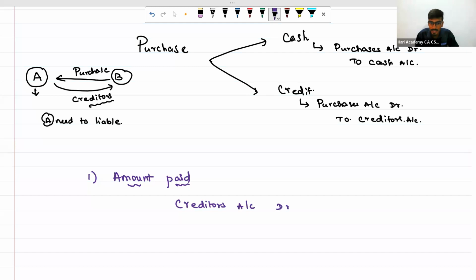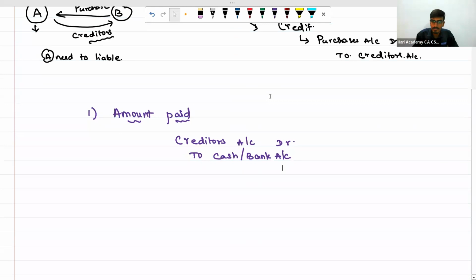So creditors account debit to cash or bank account. If the creditors account decreases, it is credited to cash or bank account, because I am going to repay in cash. That is, my asset balance comes down, so I am going to credit it.